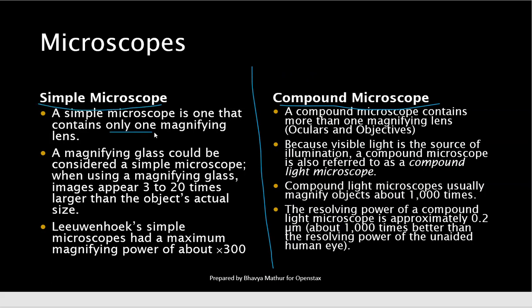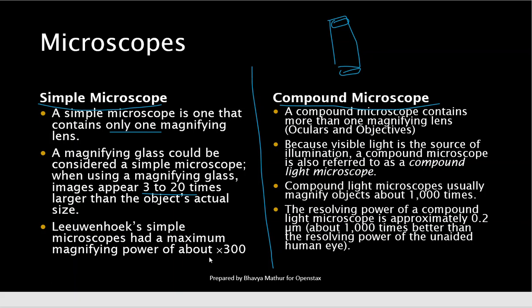The simple only has one magnifying lens, and I showed you where we had 2 lenses, one in the ocular and one in the objective. That's going to be the definition of a compound. A magnifying glass is a simple microscope. You can get 3 to 20 times larger using a magnifying or simple microscope.